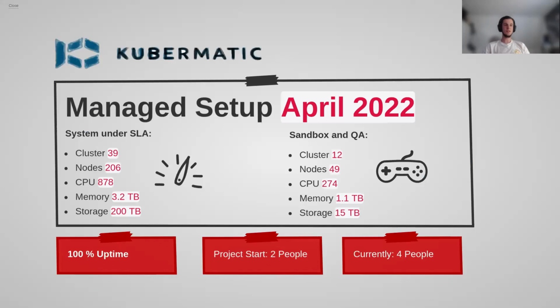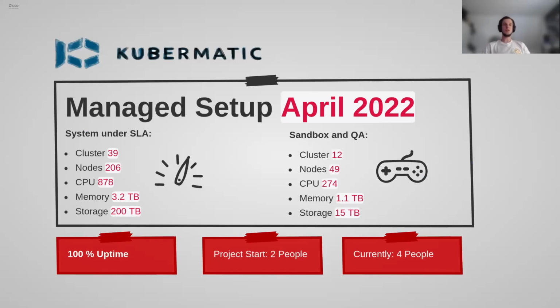And we managed for over 1 year to have 100% uptime running in SLA clusters with SLA setup with 39 clusters, 206 nodes, 887 CPUs, and 3.2 terabyte of memory. And also because you need to play, we have 12 clusters and 49 nodes in a sandbox and QA environment, which is not under SLA.